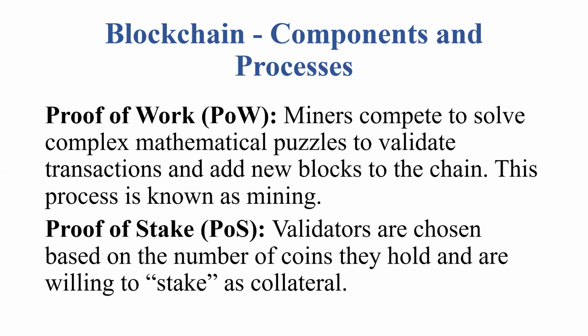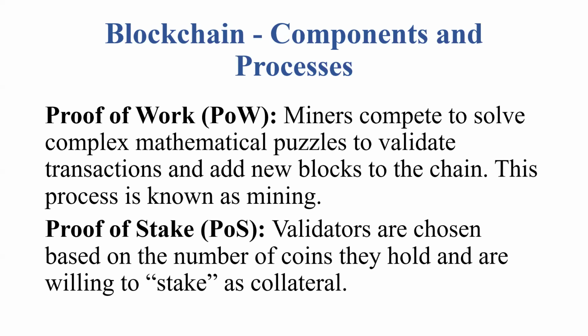It ensures security and prevents fraud by requiring participants called miners to compete to solve a cryptographic puzzle. Now, the puzzle involves finding a number that, when combined with the block's data and run through a hash function, produces a hash that starts with a certain number of zeros.